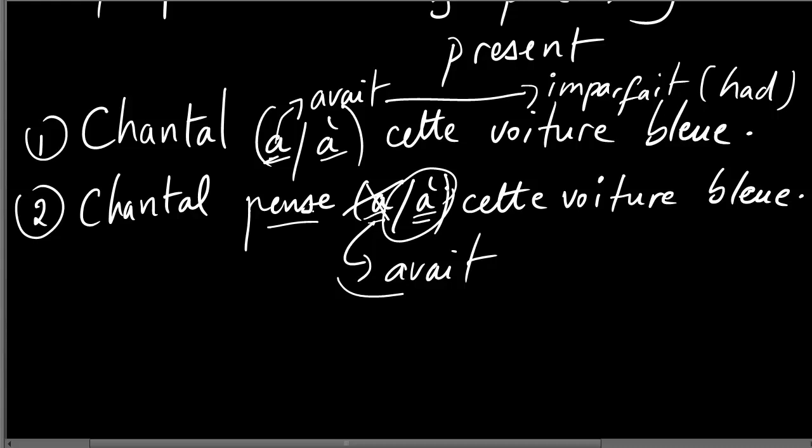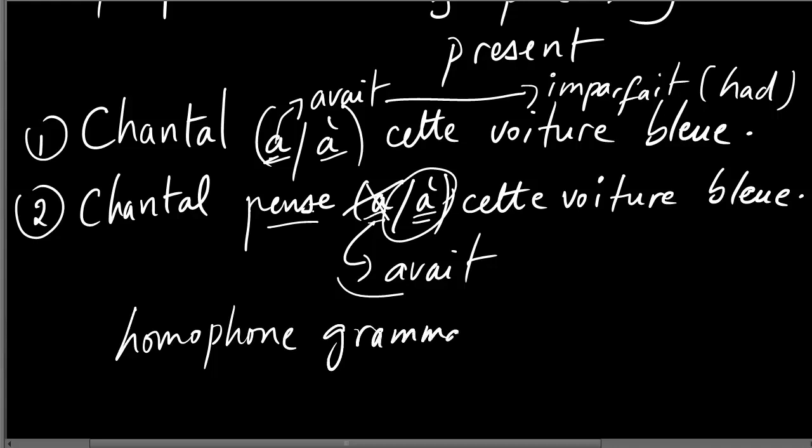Alright, so this is pretty much it. This is everything that I wanted to tell you regarding these two words. We actually call them homophones grammaticaux. That's what you will call them in French. Homophone grammatical.